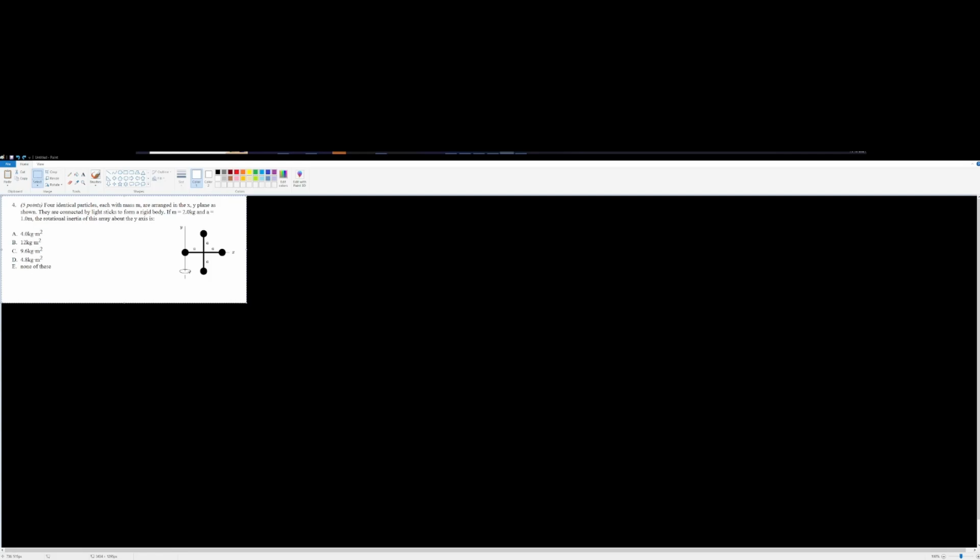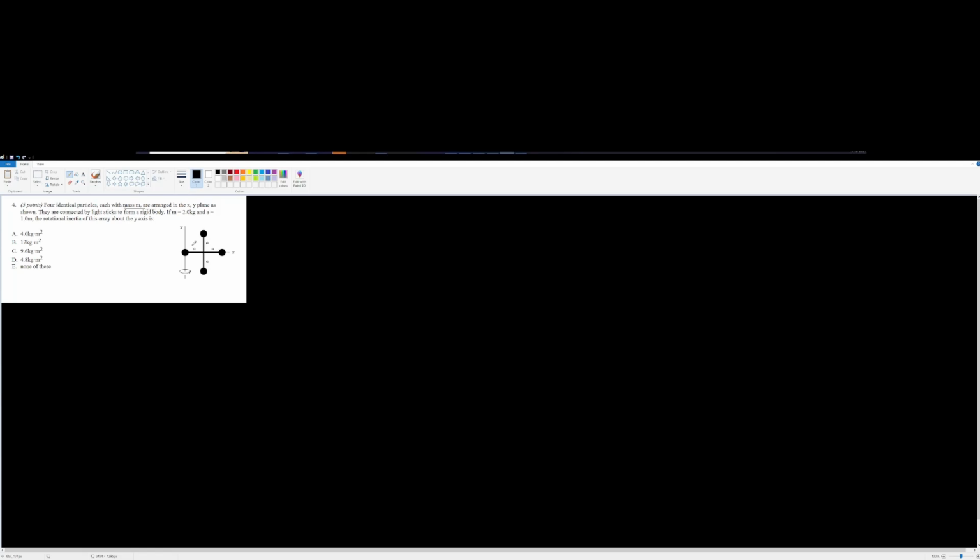Okay, problem 3. If we look here, we have a body connected by rods. It's 4 masses, and they each have the same mass m. These are arranged in the xy plane as shown, and they're connected by light sticks.